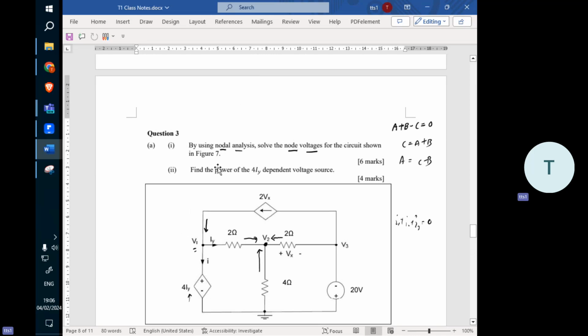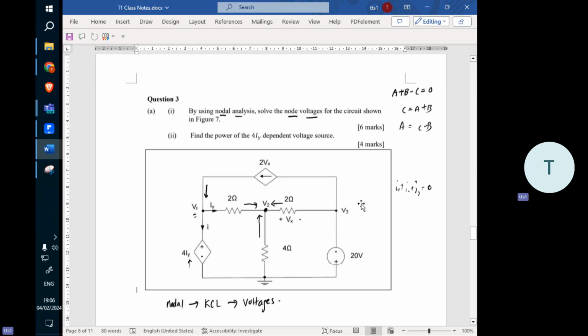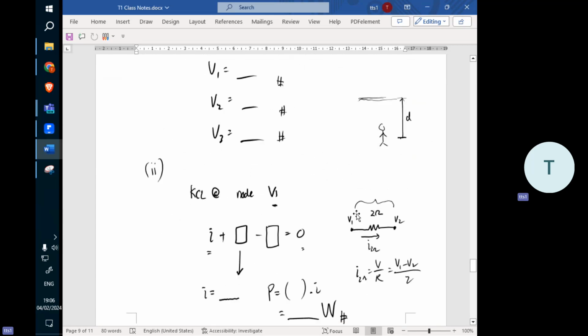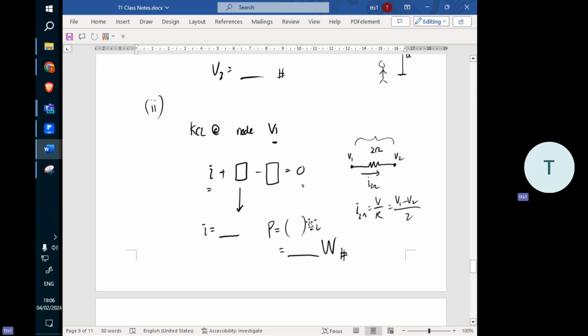The power of the 4IY, because the current I flows through it, then the I must be there. I times the V is the power.